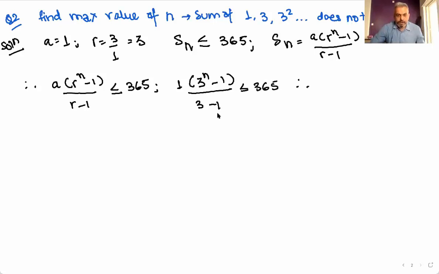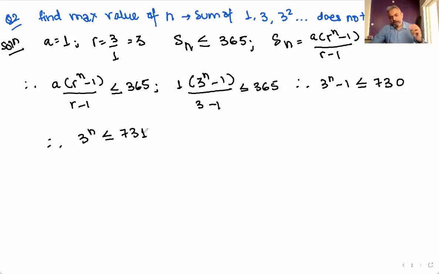Now we cross multiply. 3 minus 1 is 2. 2 into 365 is 730. So 3 raised to n minus 1 is less than or equal to 730. Now minus 1 will come on the right hand side. So 3 raised to n should be less than or equal to 731. Now how do we do it? Take a calculator.